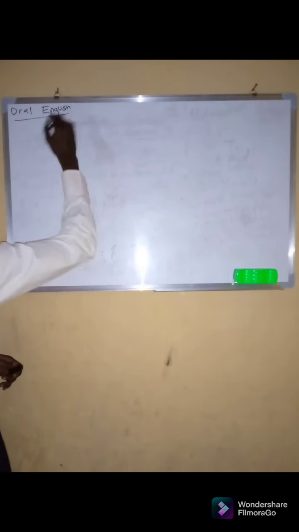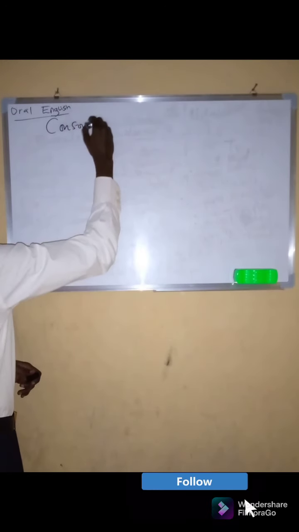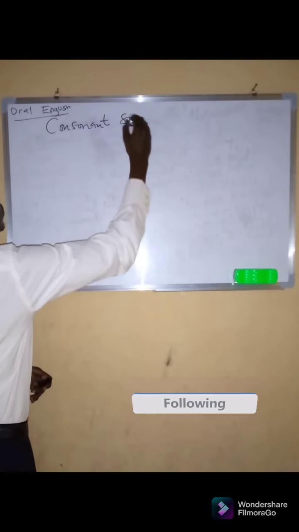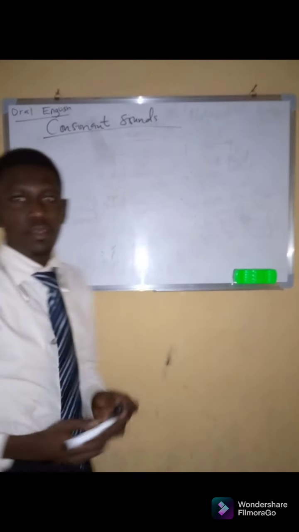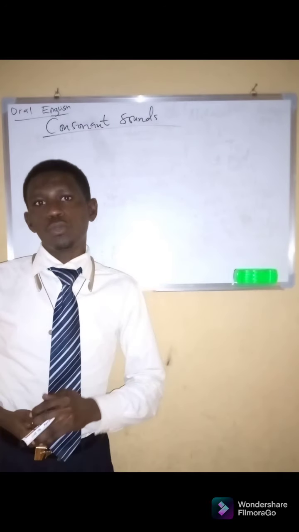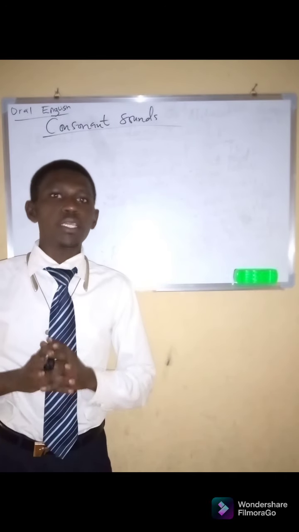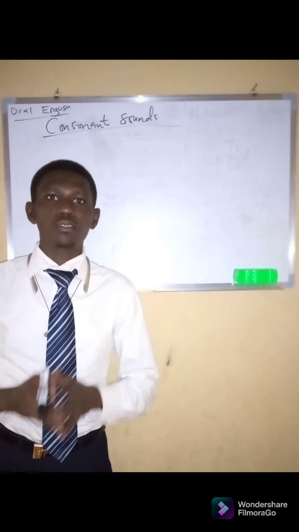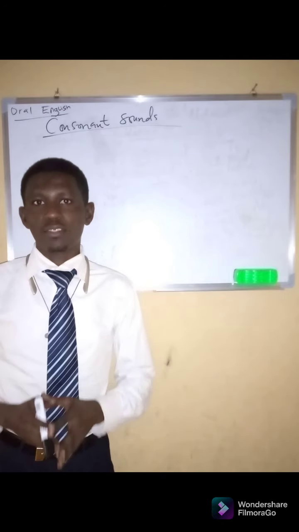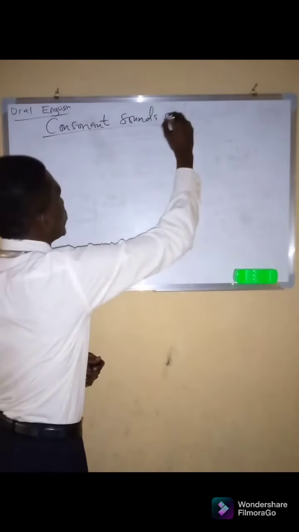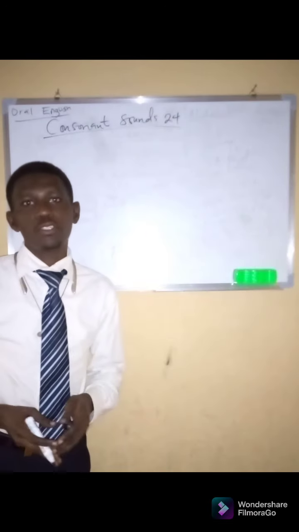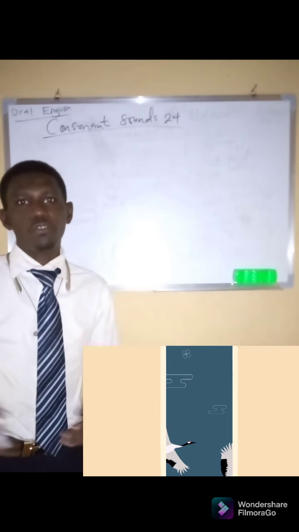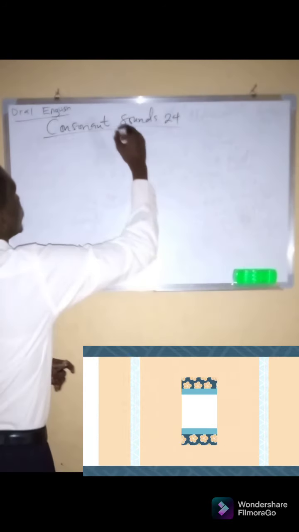Follow me. Consonant sounds, like I told you, they are 24 in number. Out of the 44 phonetic symbols, 24 are consonant sounds. And these 24 consonant sounds are further subdivided into voiceless and voiced consonants.